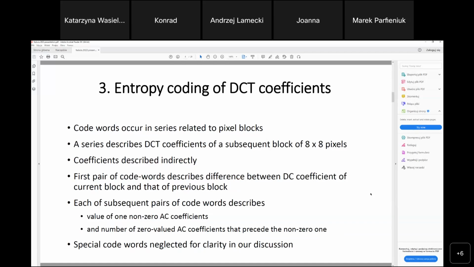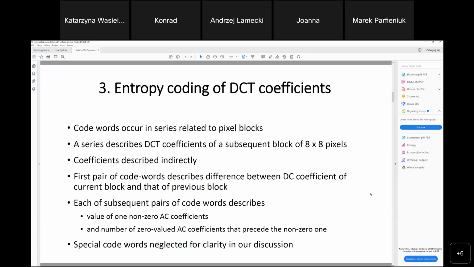Then each of the subsequent pairs of codewords describes a value of one non-zero AC coefficient and the number of zero-valued AC coefficients that precede the non-zero one.